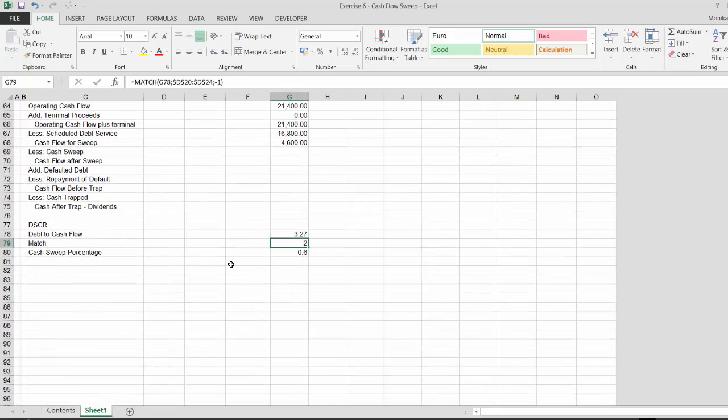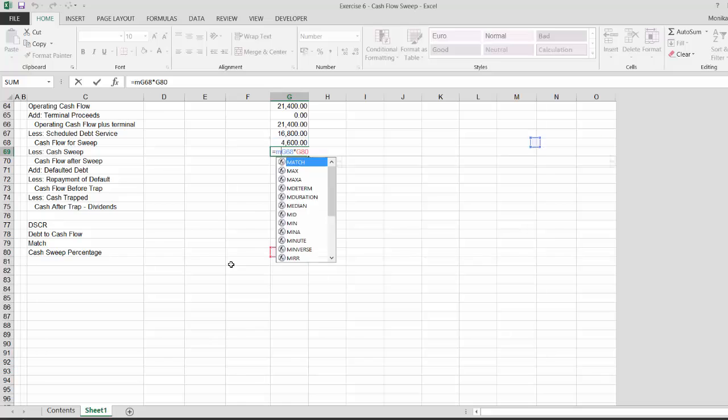So we have a 60% cash flow sweep, which means that we take the cash flow available for the cash sweep and you first multiply it by the 60%. Now, you would only ever sweep the cash flow if this thing is positive. So we put that around.